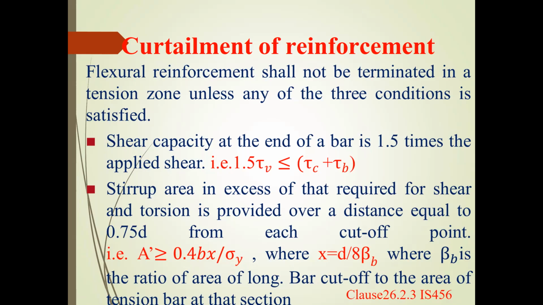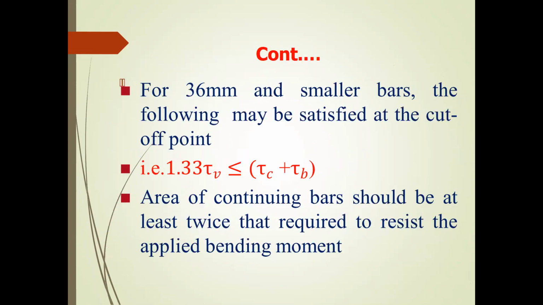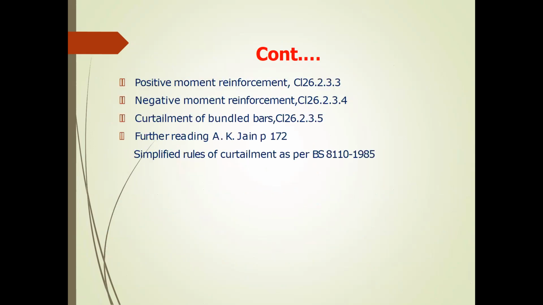26.2.3 of IS456. For 36 mm and smaller bars, the following should be satisfied at the end of the bar cutoff: the area of the continuing bar should be at least twice that required to resist the bending moment. Positive moment reinforcement has been mentioned in 26.2.3.3.